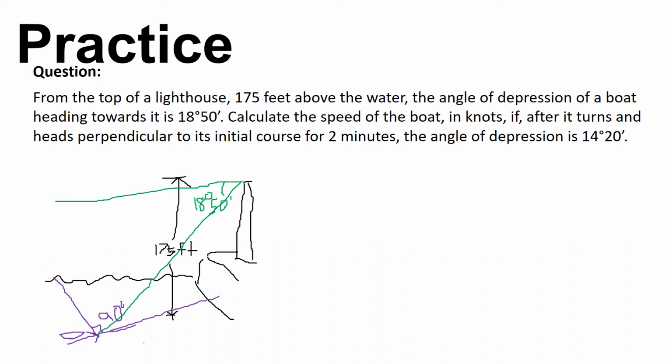It's not indicated in the problem whether it turned port side or starboard side, so you can assume either way. So the boat turns perpendicular to its initial course, and it travels for 2 minutes. So after 2 minutes, we can say that the boat is around in this area.